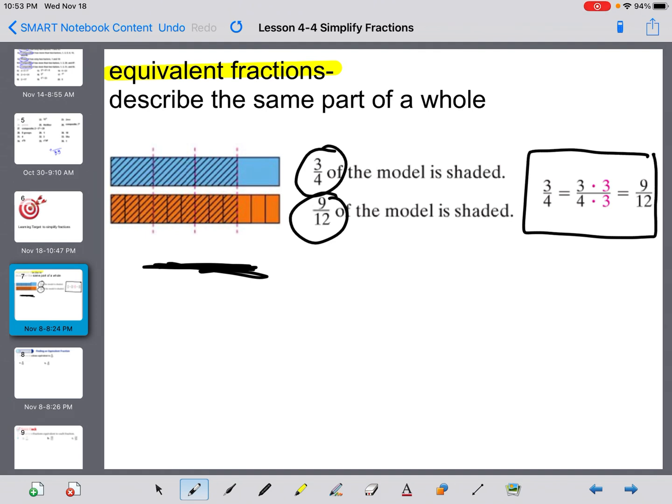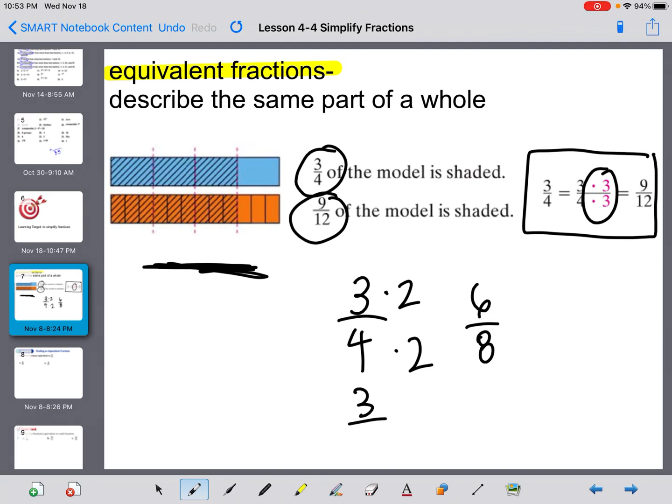It shows us over here why it's the same, because you've multiplied the top and the bottom by the same number, 3. It could also be 2. So if you said you ate 6/8 of your Twix bar, that would also be true.